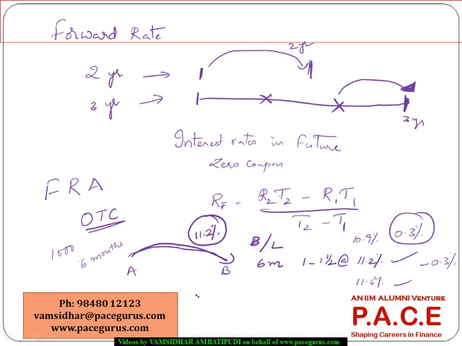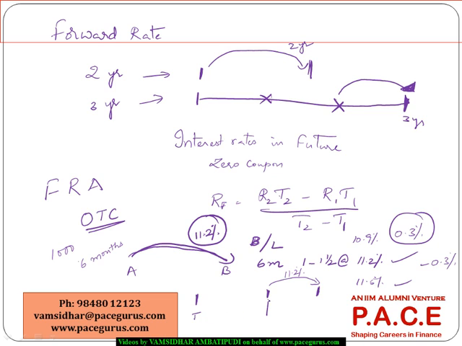So this is today, this is after 1 year, and this is after 1.5 year. Now the interest rate between 1 and 1.5 year is going to be 11.2% as per our assessment of the forward rate.